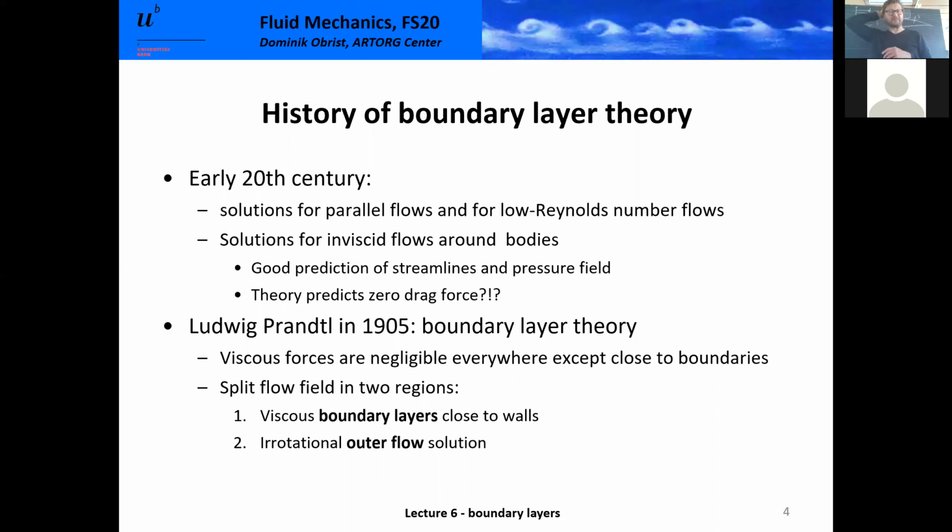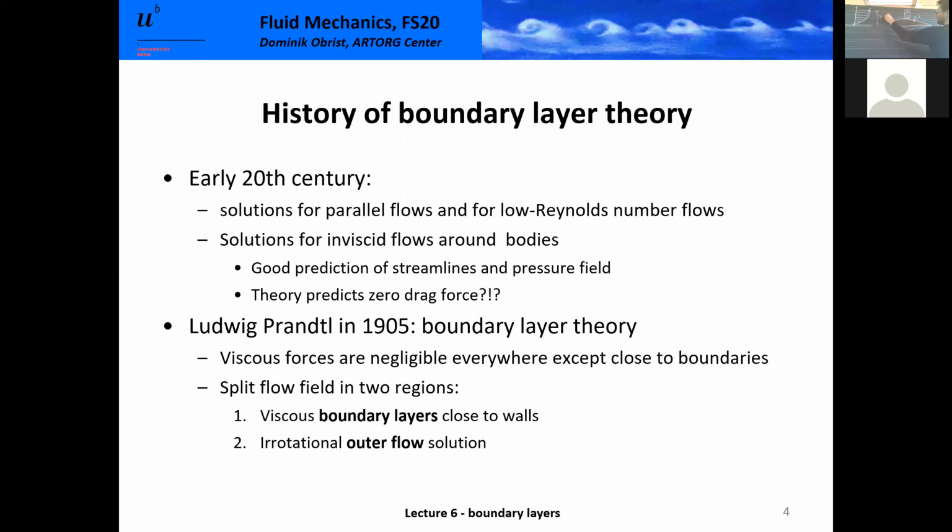And that's actually something we'll start doing next week, right? Sort of the opposite of what we're doing today. And this theory of inviscid flows gave quite good predictions for the streamlines around the wing. Let me draw these streamlines. So people were able to draw streamlines around wings.